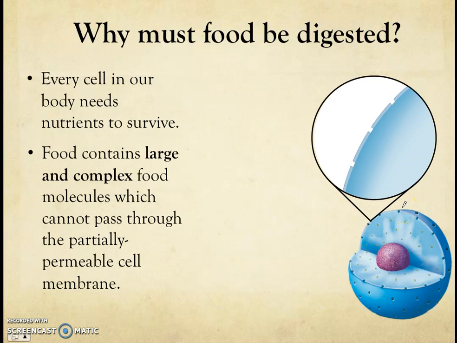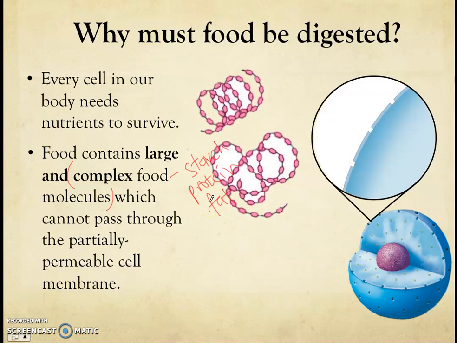Now, here's the issue. Food, like my nasi lemak, contains large and complex food molecules. For example, starch. Starch is very large. Protein is very large, and fat is also very large. So food contains large and complex food molecules, like starch, protein, and fat, which cannot pass through the partially permeable cell membrane.